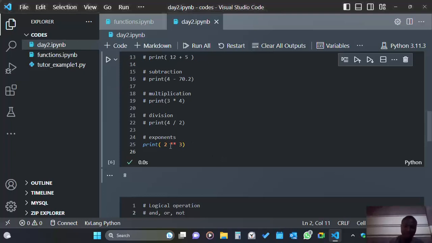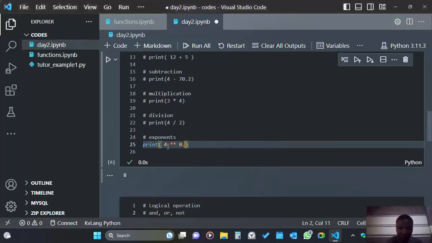Now sometimes people want to use a square root. So let's say I put in 4. I want to find the square root of 4. Now square root means that the power is 0.5. Cubic root means the power is 0.3333.